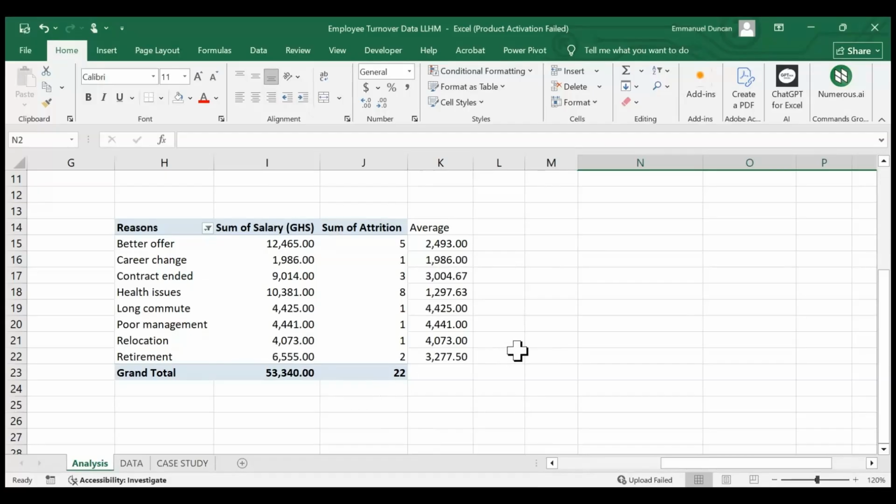So now that we've been able to determine the average salary of these employees that left, let us go ahead to investigate further whether there is any kind of pay disparity among these employees in the organization.